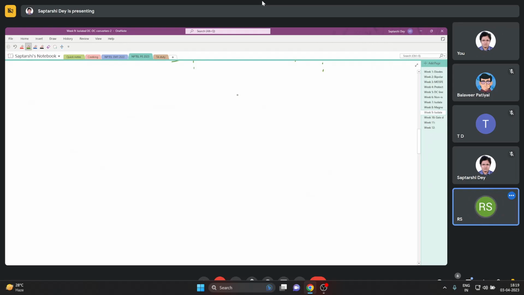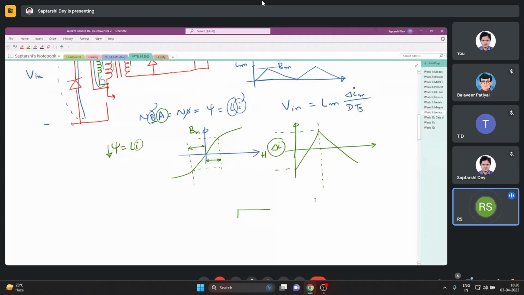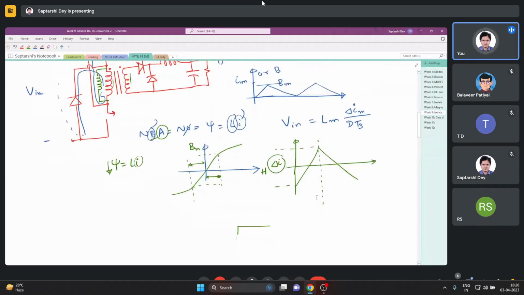Sir, can you repeat what you said just now, that if the delta I increases here? Say we are trying to compare two situations, previous one and this one. We have to keep something in common, then only we can compare. So let us keep the delta I common.